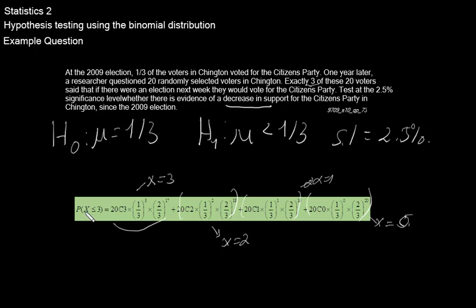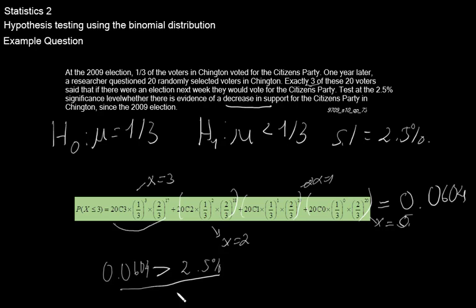So the probability of X being equal to or smaller than 3, if you use a calculator, you get 0.0604, and this probability is actually bigger than 2.5%. So 0.0604 is bigger than 2.5%.